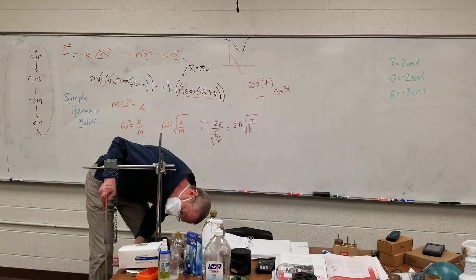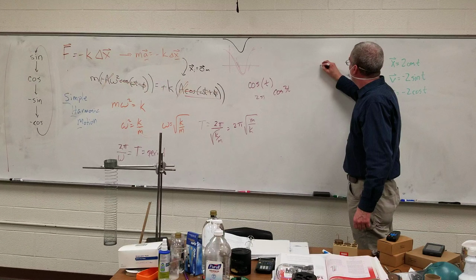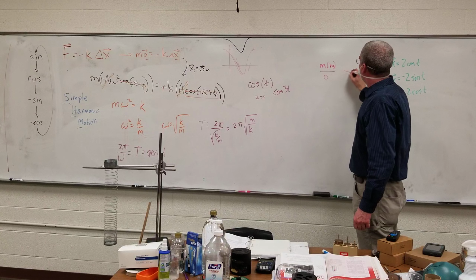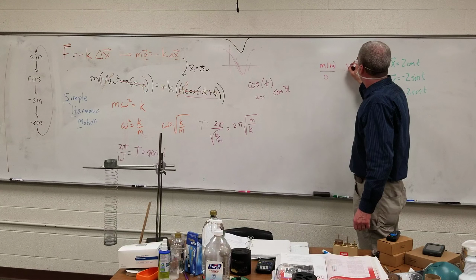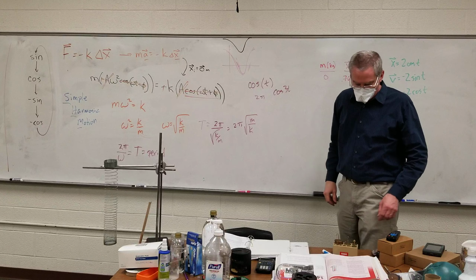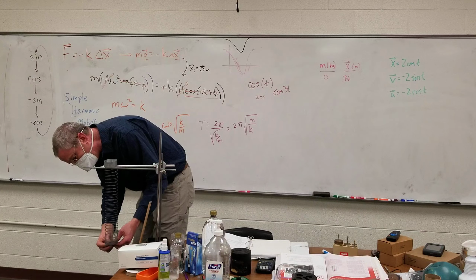It is about 76 centimeters from the ground. So when the added mass is 0, we're at a position of 76. Let's do it in meters, 0.76 meters. I'm going to add a 10 gram mass to the bottom rung.